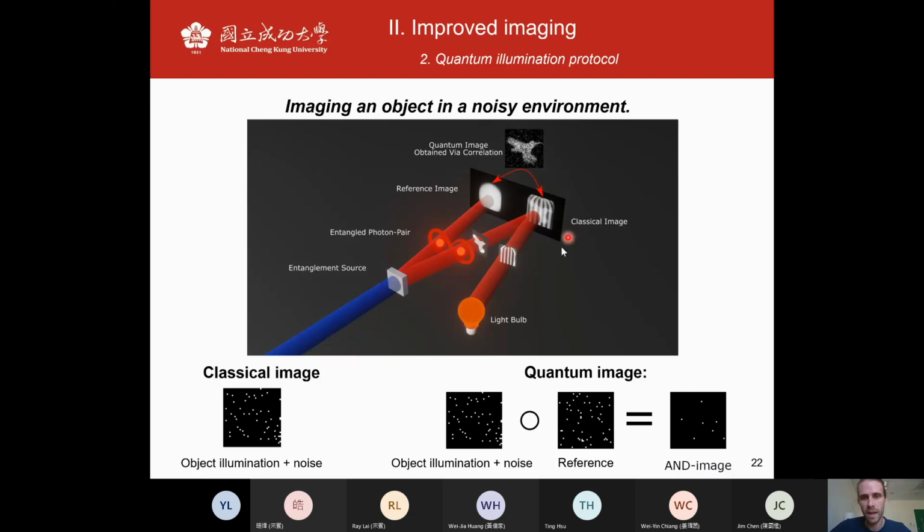We shape it as a cage, just to show that when we use these correlations to detect which part of the image is quantumly correlated to the reference, we are able to remove the noise coming from this parasitic light. And we get a better image of the object. So we get a bird that appears to be free of this noisy cage.